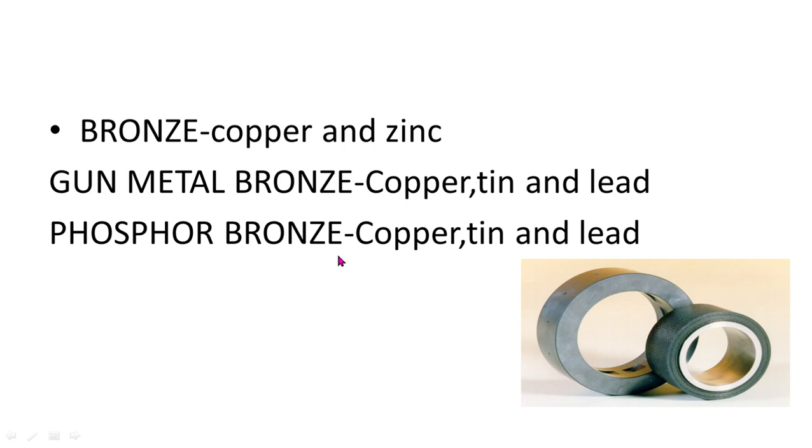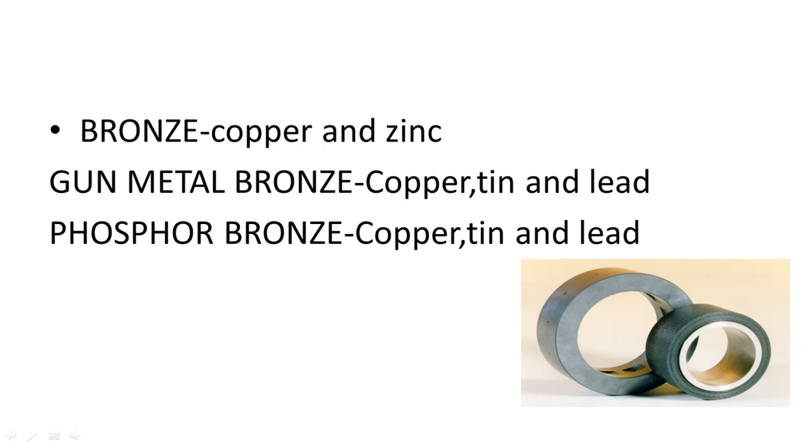Phosphor bronze also has copper as the major alloying element, and tin and lead are also present. These bearings can sustain a very high pressure up to 14 Newton per mm square on projected area. So these bearings are very widely used.